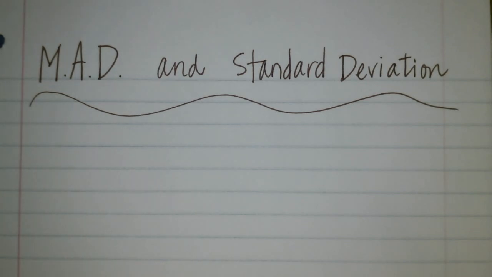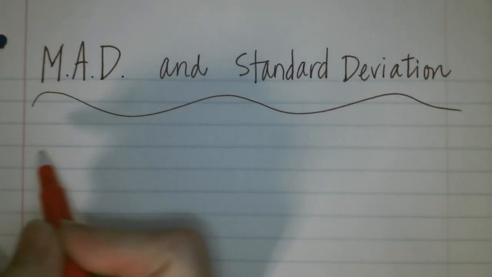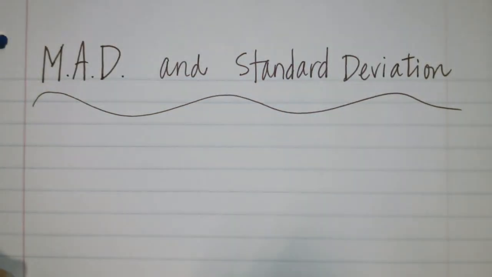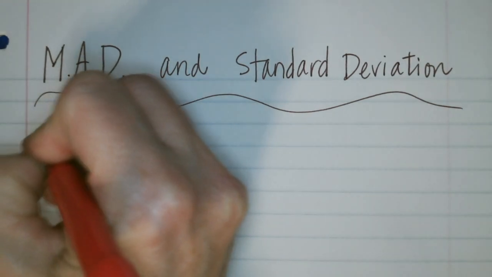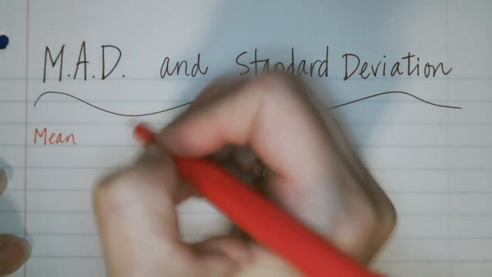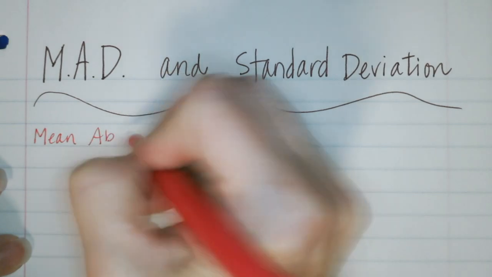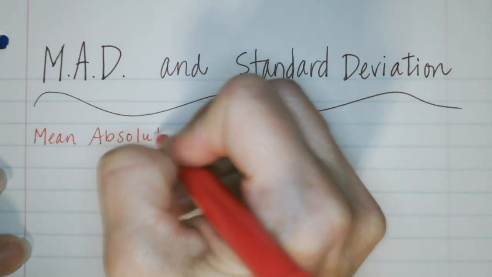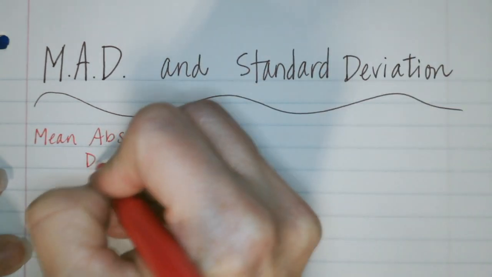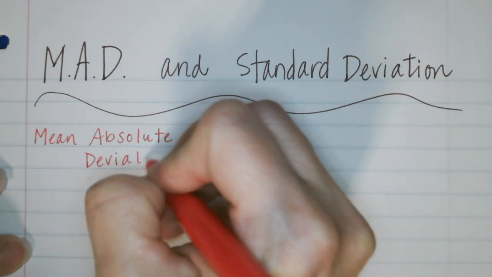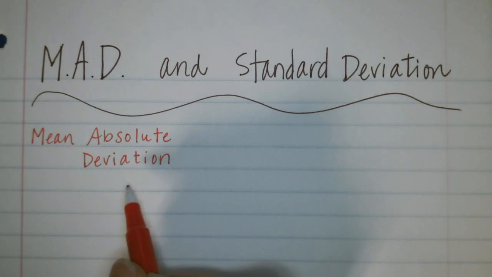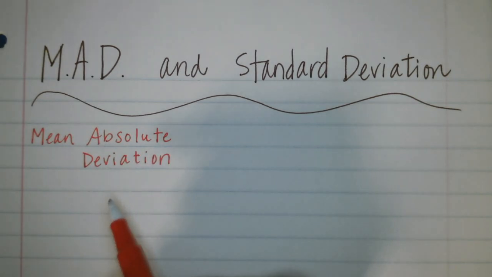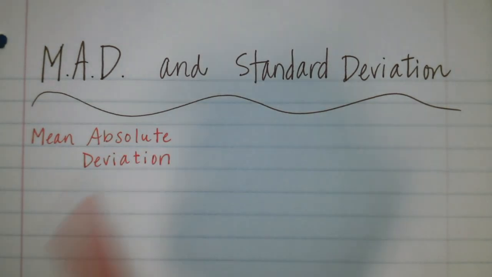So looking at the first one, we're going to start with the MAD, and I'm going to try and do them both at the same time. But first up, the MAD stands for mean absolute deviation. Okay, so we're going to pick this apart. Hopefully you know that deviation is like how something changes or how something is different.